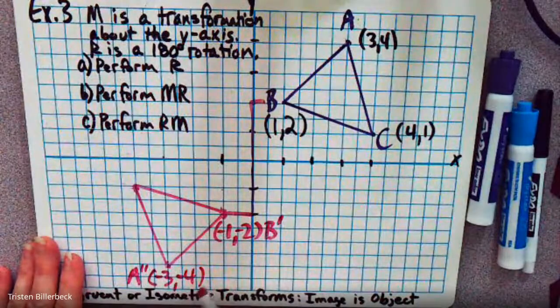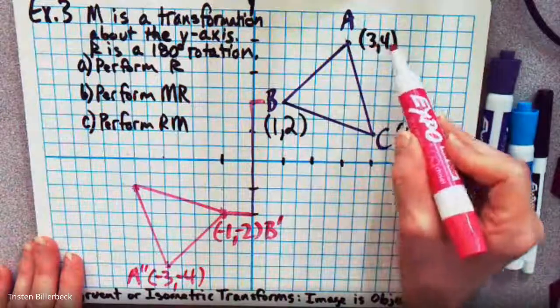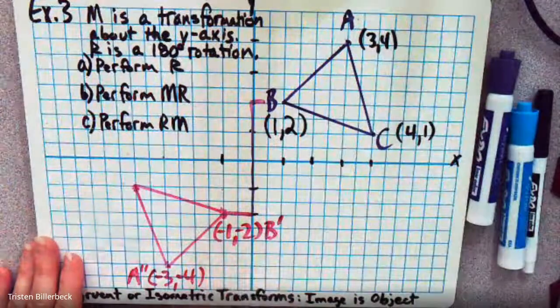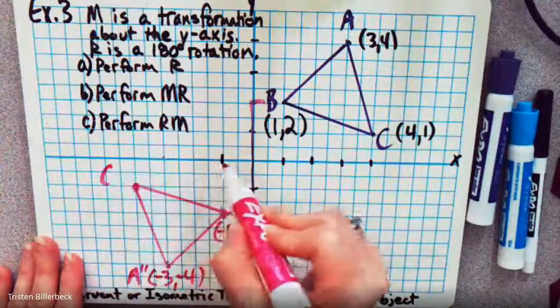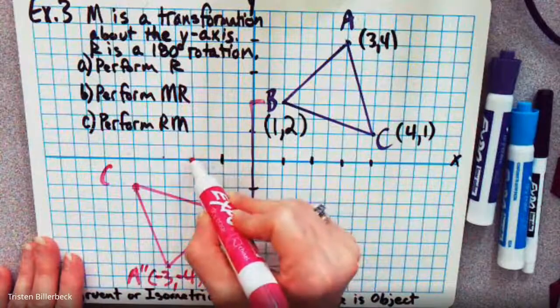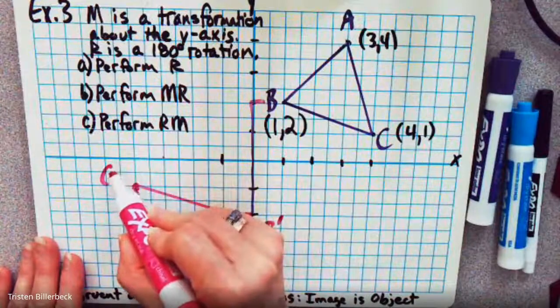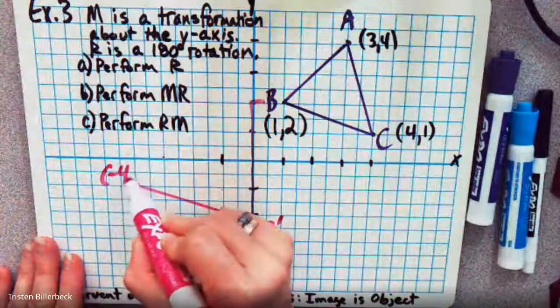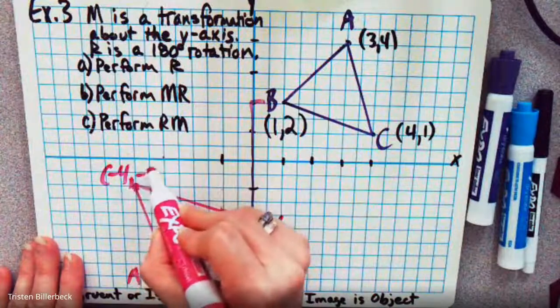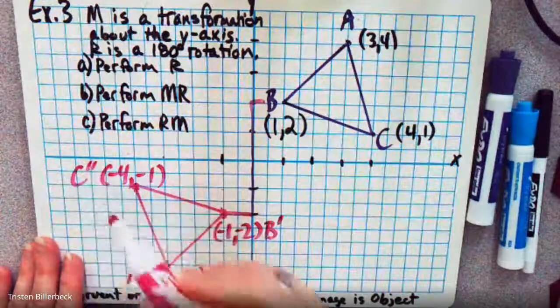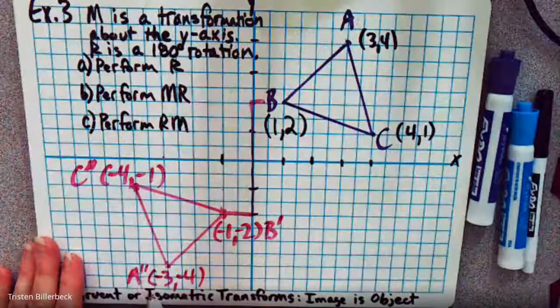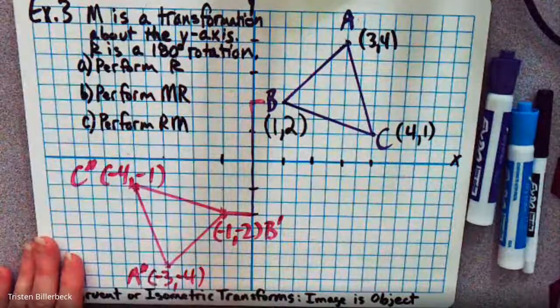Okay, so things are just becoming negative, that's all. So this coordinate here is at 1, 2, 3, 4, -4, and it's down just -1. So that's C prime right there. We're only on the prime, not double primes.